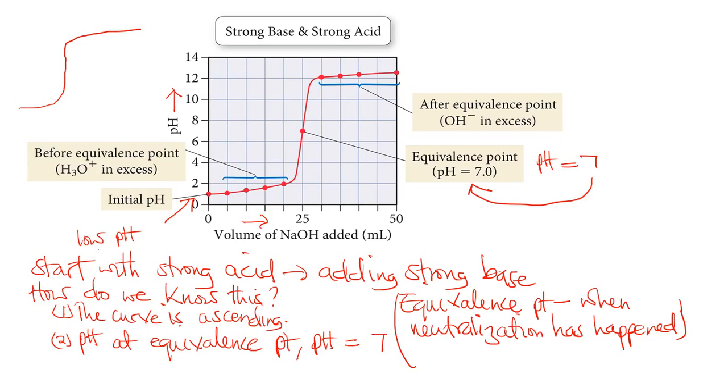These are two reasons that tell us we are starting with strong acid and adding a strong base: the curve is ascending, and the pH at equivalence point is 7. Let's look at the second one.